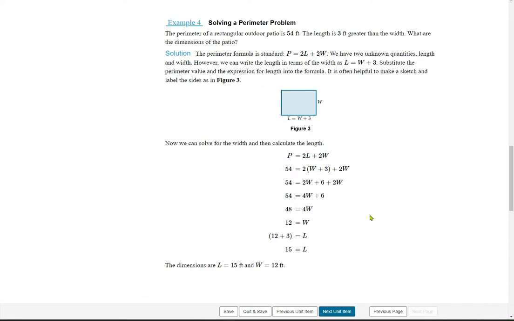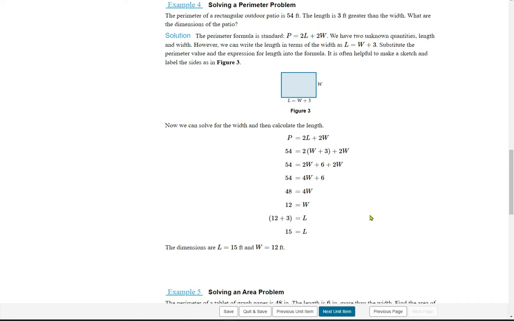Oh, there's example 4. So the perimeter of a rectangular outdoor patio is 54 feet. The length is 3 feet greater than the width. What are the dimensions of the patio? And here they give an example of that. So read through that, apply it to your problem, and hopefully you can figure that out.